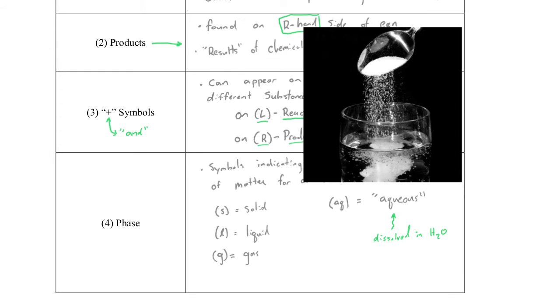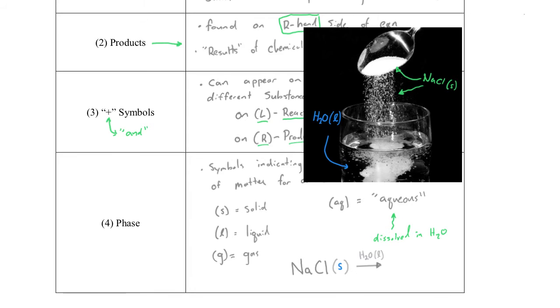So for example, you might have solid sodium chloride, right? Solid sodium chloride, we would write that NaCl with a little (s) next to it. Now, when we put that into water, it doesn't melt. It does what we call dissolving. If we had NaCl as a liquid, that means we liquefied it.